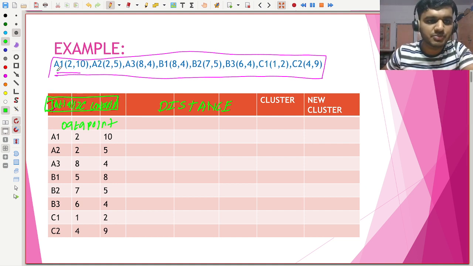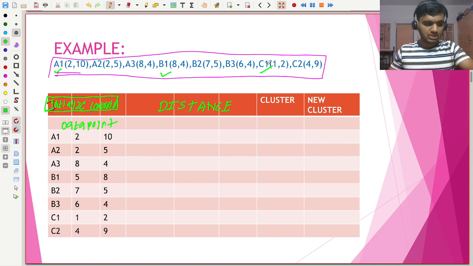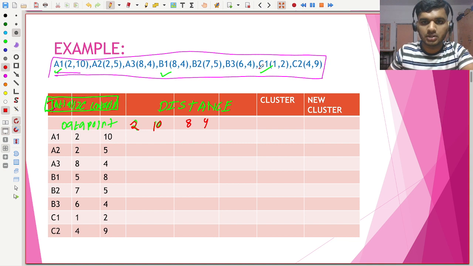Here you assume three centers, A1, B1 and C1. The first center is (2, 10), the second center is (8, 4), and the third center is (1, 2).